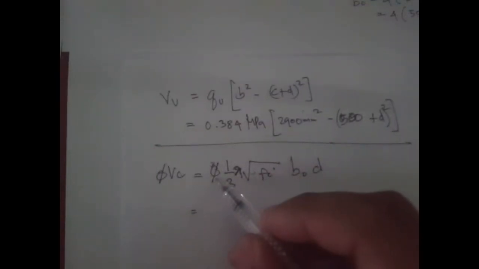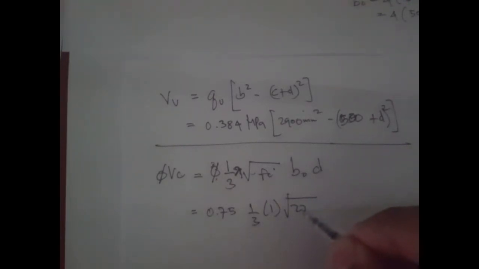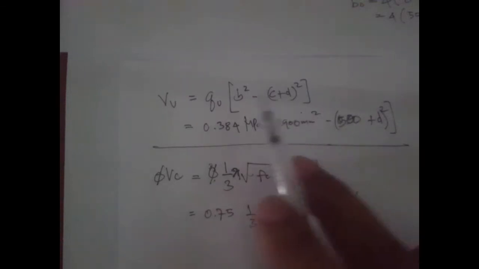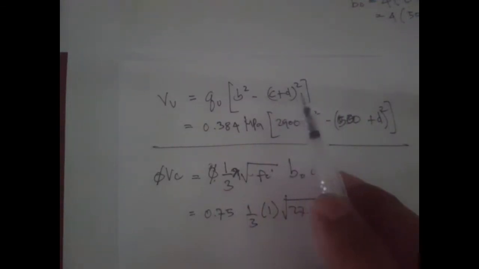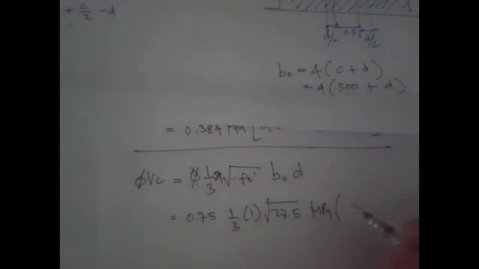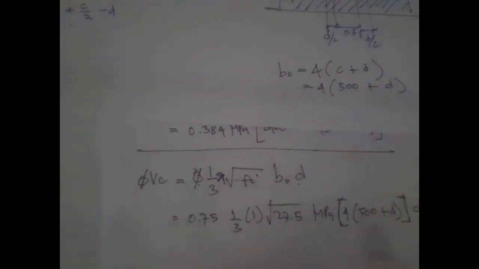Since this is shear, the reduction factor is 0.75 times 1/3 times 1 times the square root of 27.5 megapascals times 4 times 500 plus d times d.